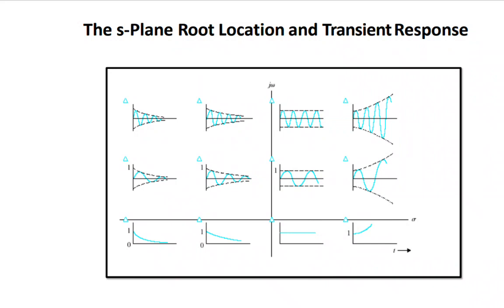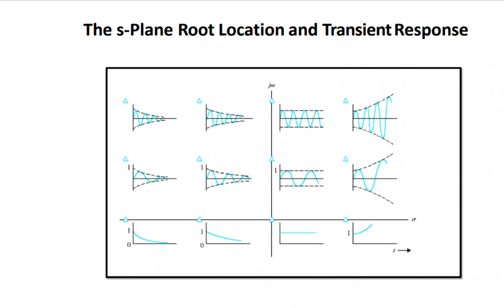And if any poles or all poles lie on the right half of the S plane, see the extreme right hand diagram: it is e to the power plus xi omega n t multiplied with a sinusoid of omega d t plus theta. That means the amplitude of the exponential term increases. So that is the scenario. That means the system is going to be unstable, and poles lying on the imaginary axis means it is of oscillatory nature.